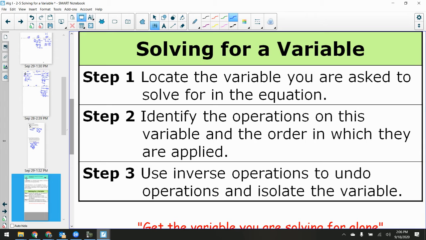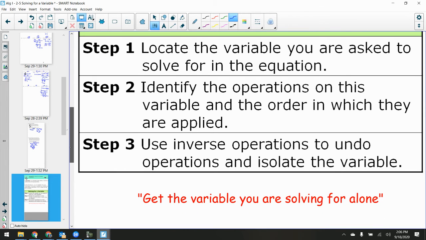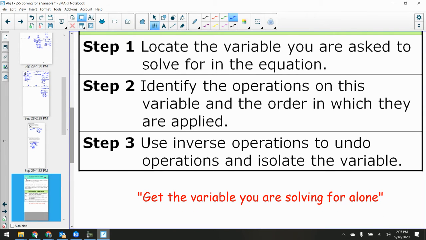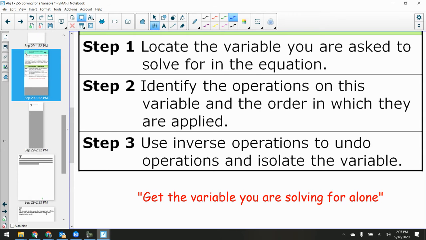So you locate it, then identify what's happening to it. Is it being added, subtracted, multiplied, divided? What's going on to it? And then the last step is to use inverse operations like we've been doing this whole chapter. Use the inverse order of operations to solve for that variable. Get the variable you're solving for completely alone.